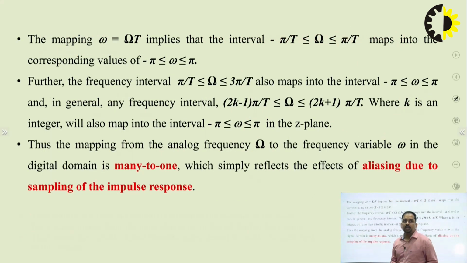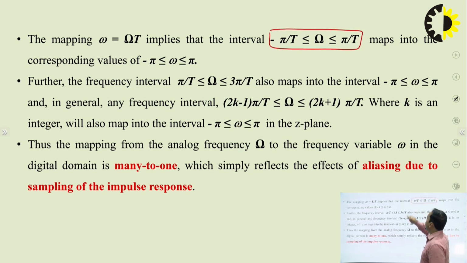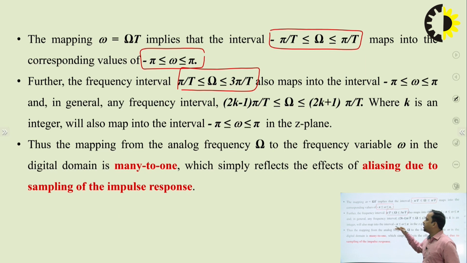The analog frequencies from minus pi by T to pi by T are mapped between minus pi and pi in the digital domain. But further, from pi by T to 3 pi by T, they also map to the same region, which is again minus pi to pi.